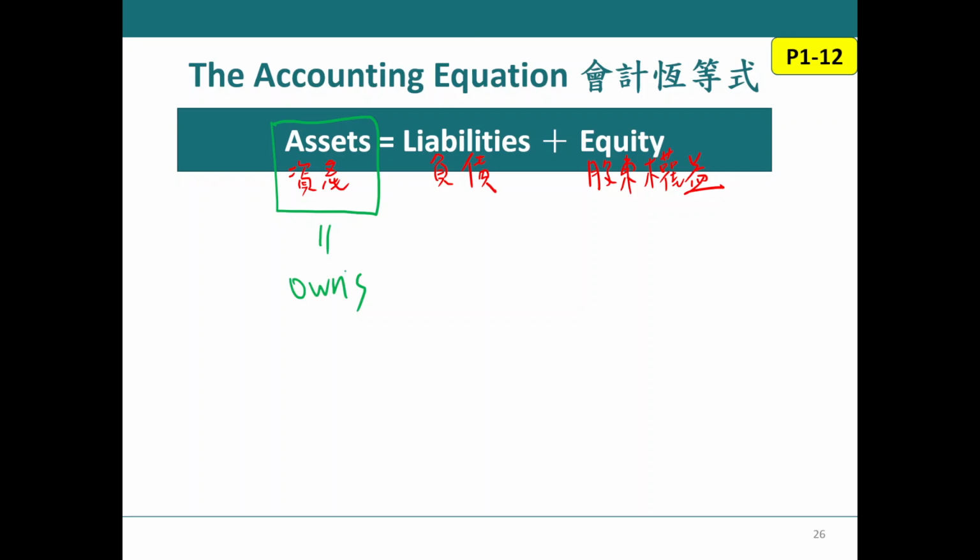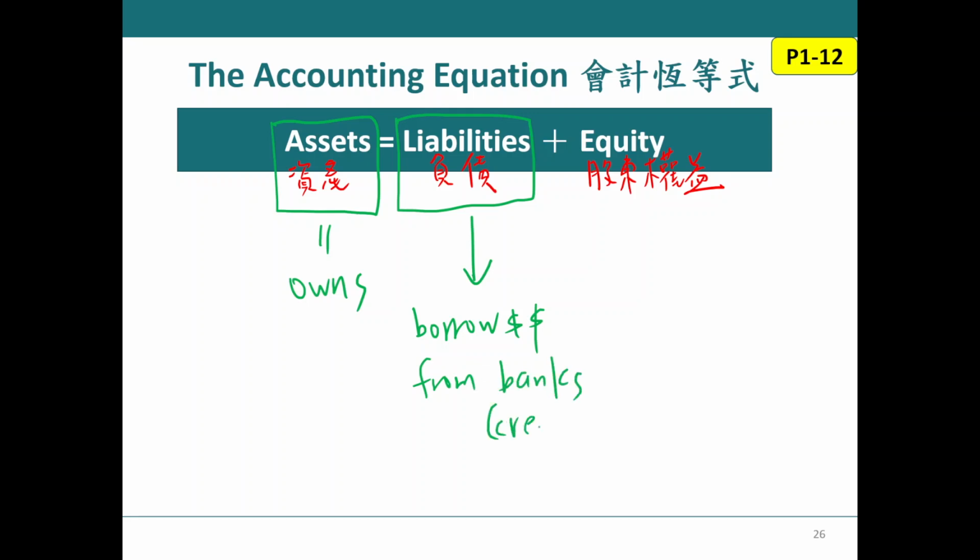First way, liabilities, means what? Borrow money from banks or creditors, right? Okay, so the first way, when you try to have assets, to find the money, is to borrow money from bank creditors.